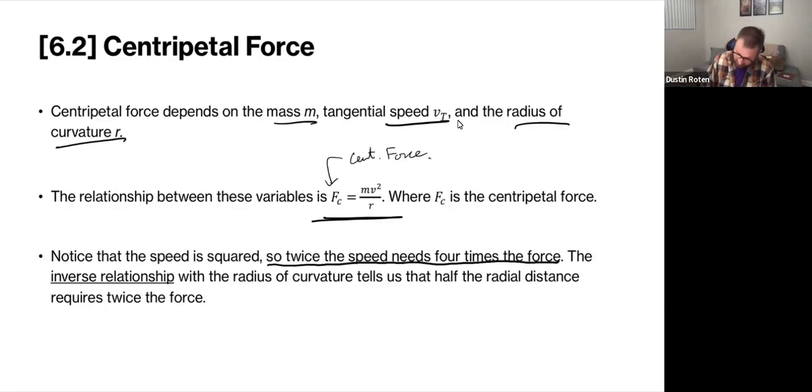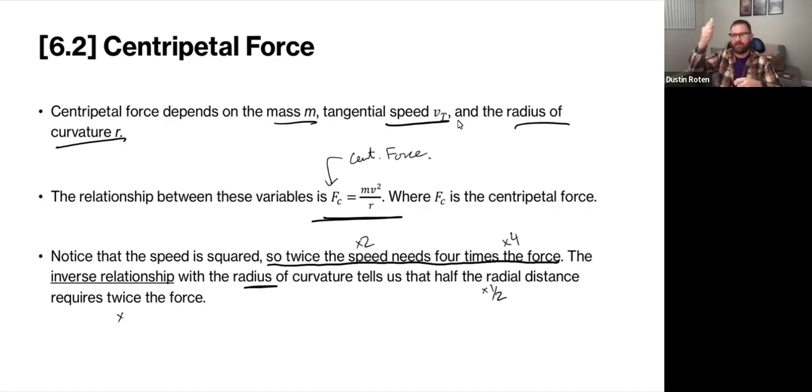So times 2 for speed would be 4 times the force. The inverse relationship with radius tells us that if we cut the radius in half, well, you can think about it.